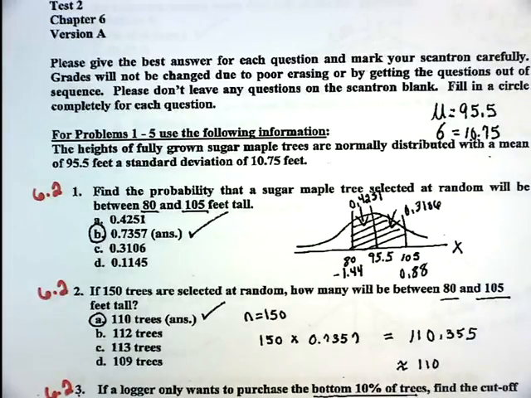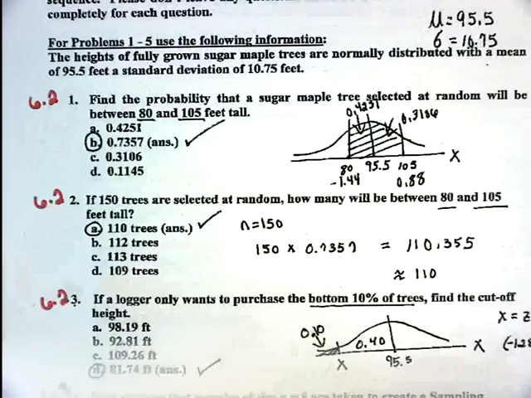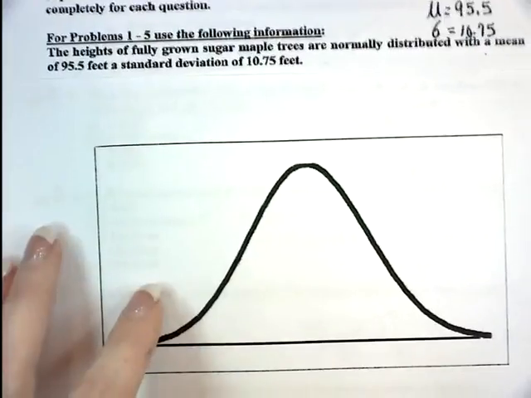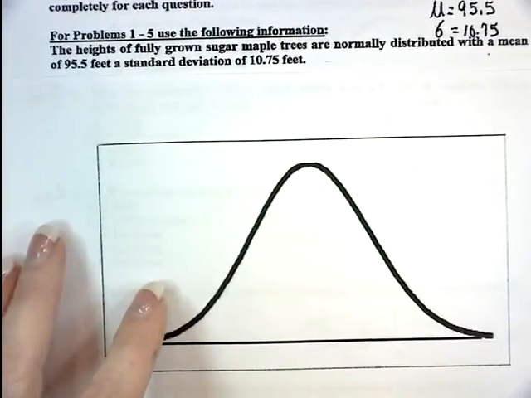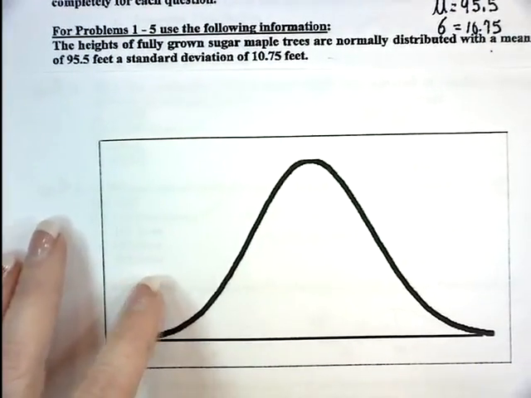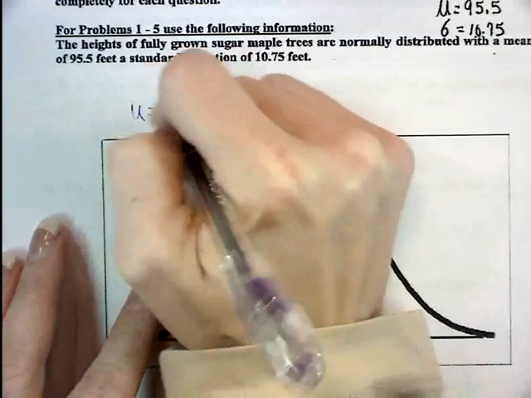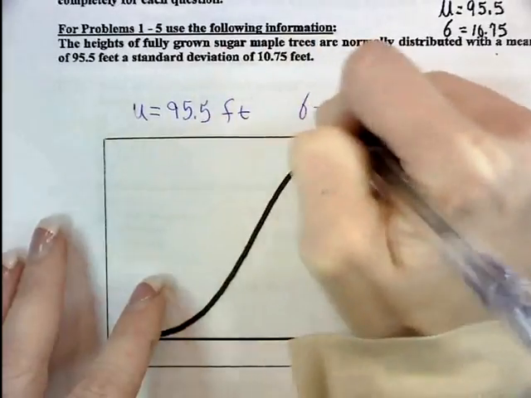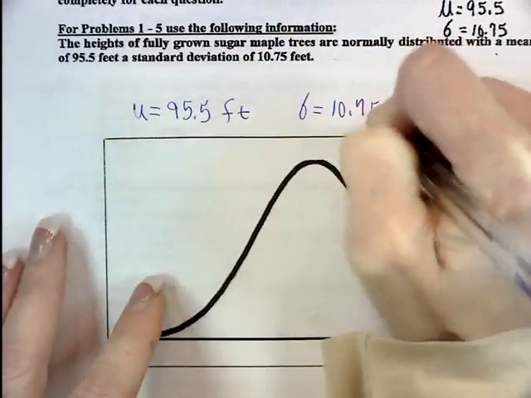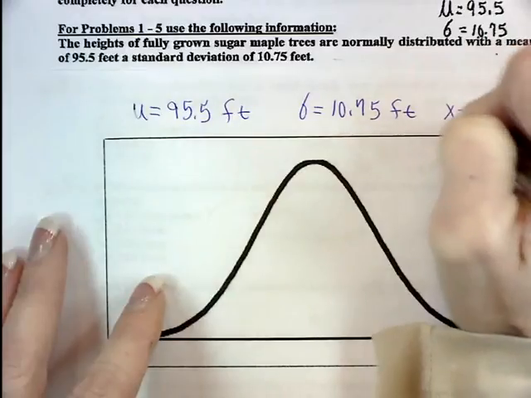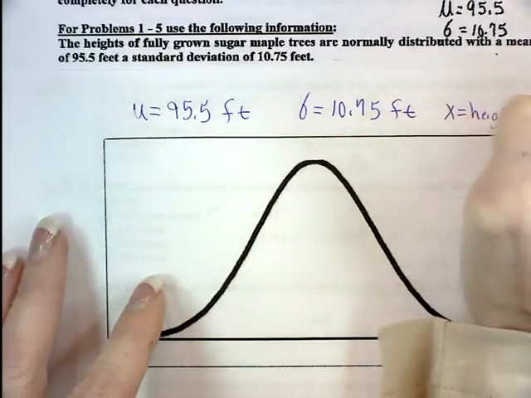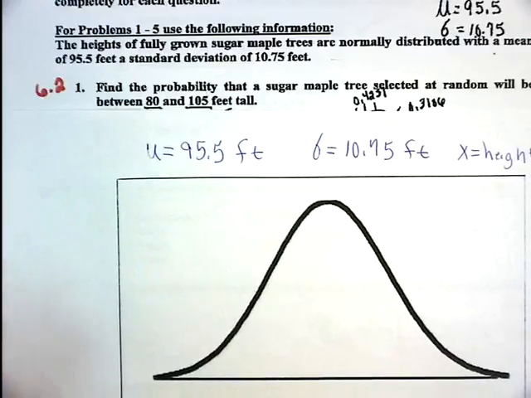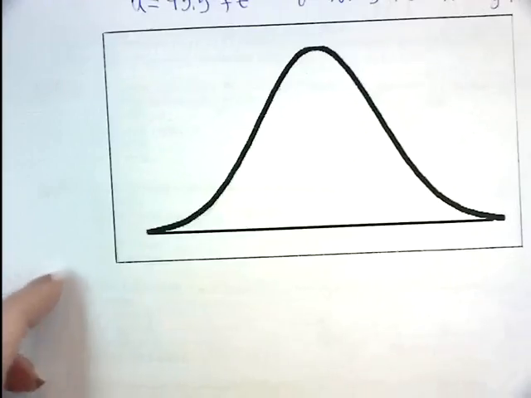I am going to get out a blank normal distribution here and write down the given information. The average is 95.5 feet and the standard deviation is 10.75 feet. X is equal to height, and we are told that it's normal. Find the probability that a sugar maple tree selected at random will be between 80 and 105 feet tall.